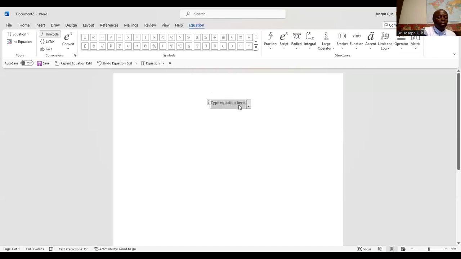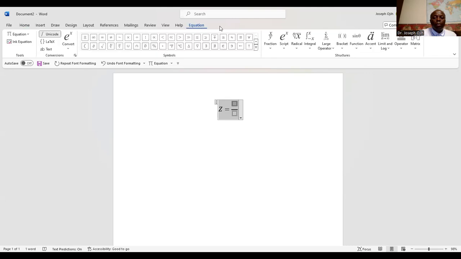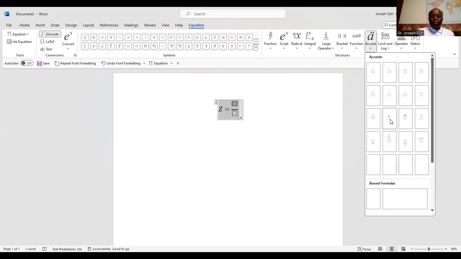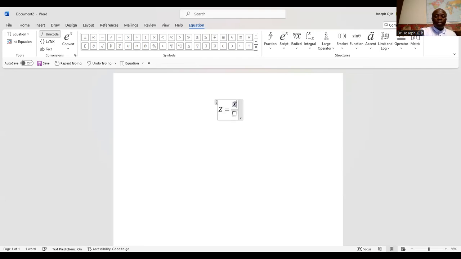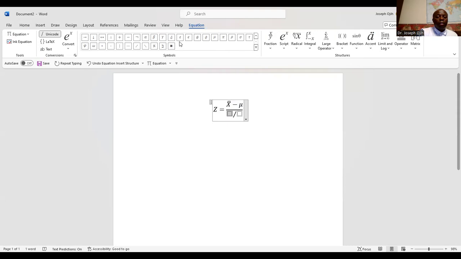We have Z equals X bar minus the mean, divided by the standard deviation sigma over the square root of n.